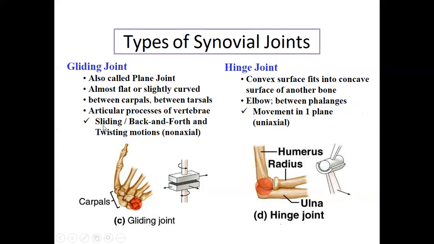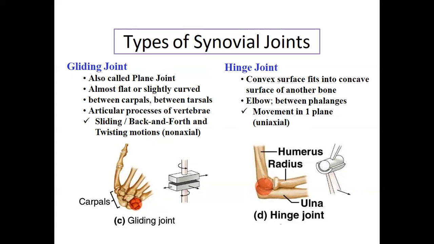What allows all of these carpal bones to function and move together in concert are these almost flat or slightly curved joints called your gliding joints. They allow for the sliding of the bones with one another, or the back and forth or twisting motion of the bones. These are non-axial movements.